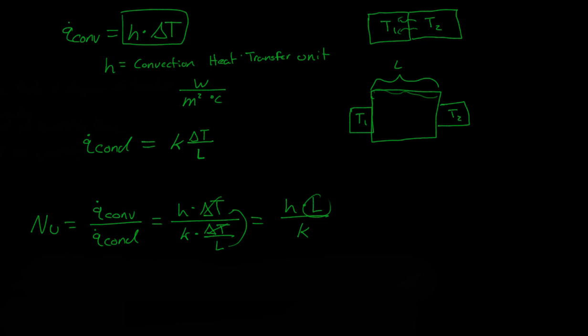There are a ton of equations that you can use to calculate the Nusselt number, but the concept is Q convection over Q conduction. So maybe let's say you had something like a heavy oil. The convection by that heavy oil would be relatively low.